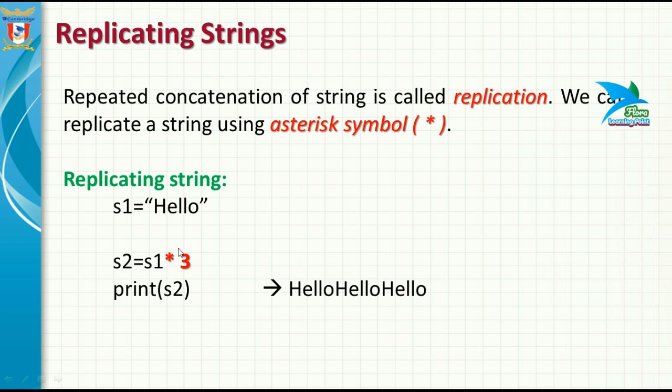So for example, the value of s is hello, and I am replicating this string by using the star symbol, which is the symbol of multiplication also. So even the star symbol is an overloaded operator. The same symbol is used to multiply two numbers, and the same symbol is used to replicate a string.